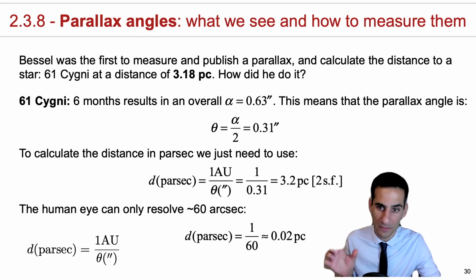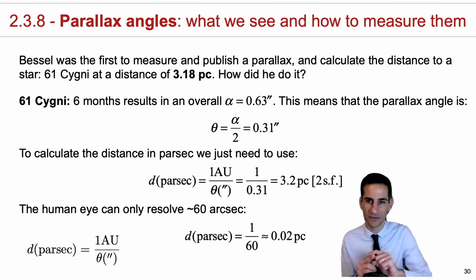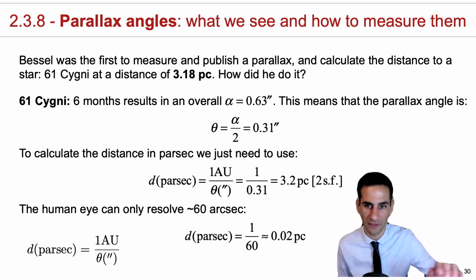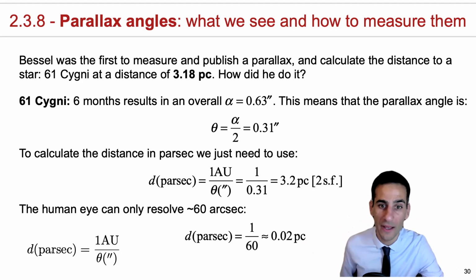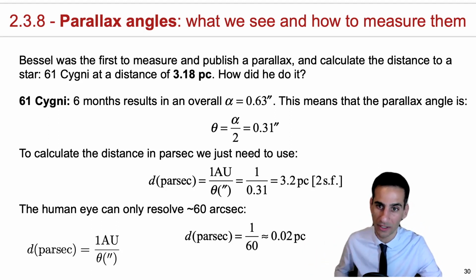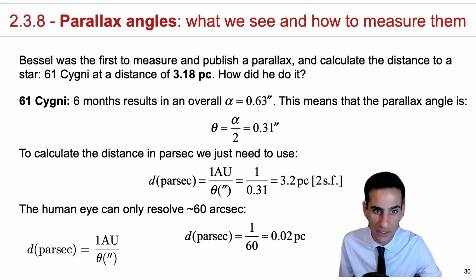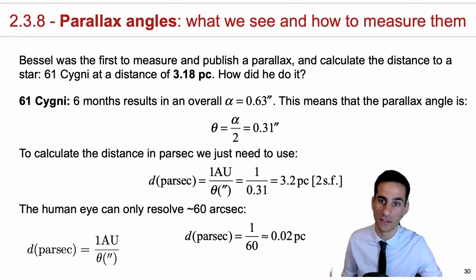And this means that we can only see parallax angles, even if we could memorize the position of things every 6 months, which would be quite hard, up to essentially 0.02 parsec. That's incredibly close. And this is the reason why without telescopes, there's just no way we could measure distances to stars.